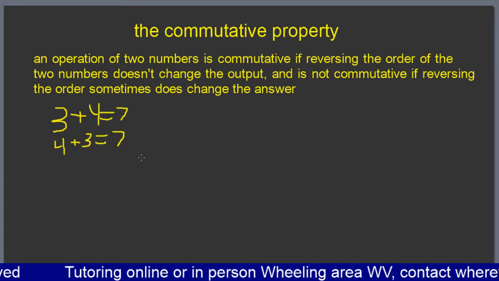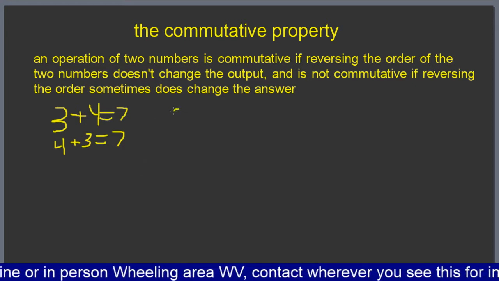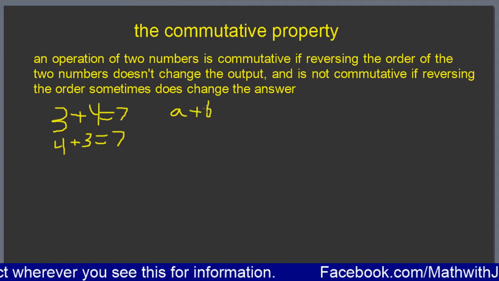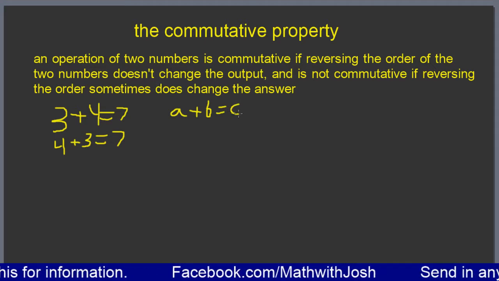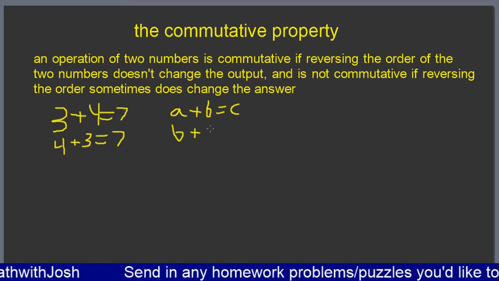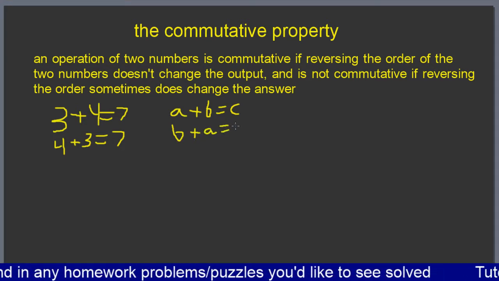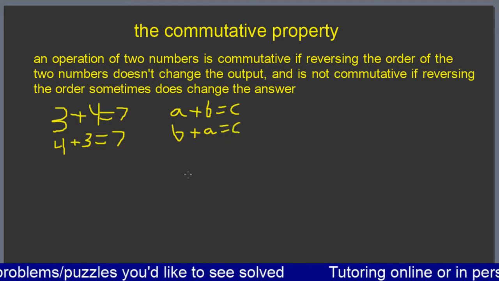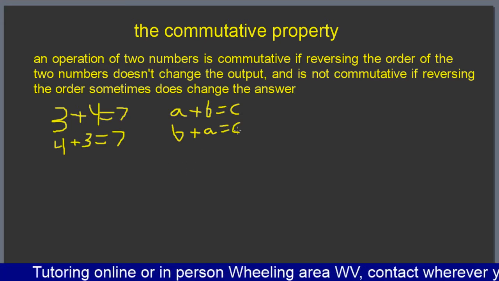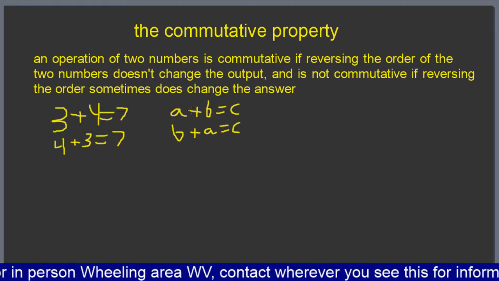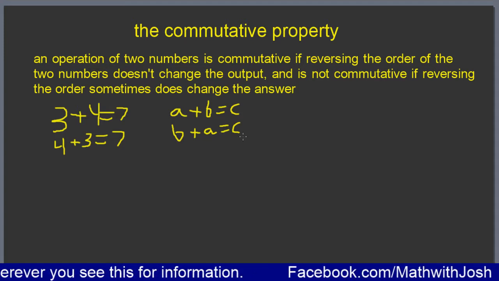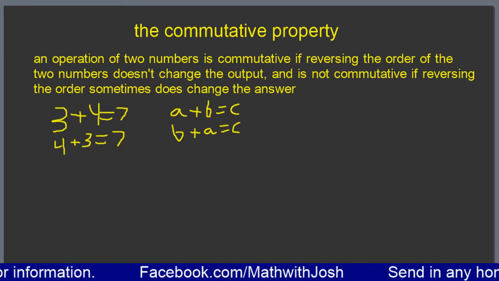That is, in addition, we can say all the time that if we add some number we'll call A to some number we'll call B, and the answer would be C, then we also know that if we were to add B to A, we would also get C. That's what it means for an operation to be commutative. Right? If for every A or B, that is any two numbers, if we can flip the order in the operation and get the same answer, then the operation is commutative.